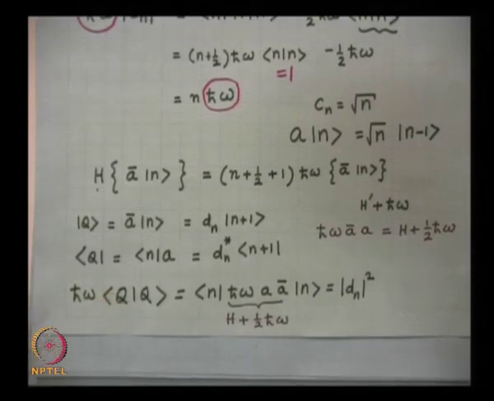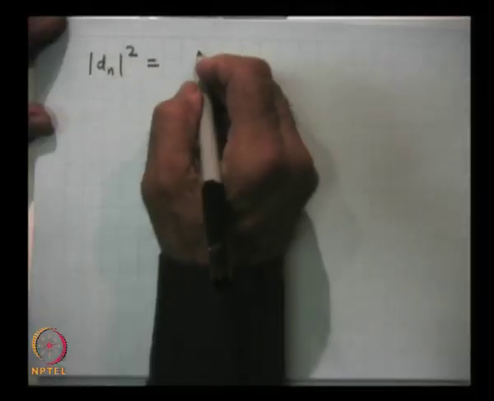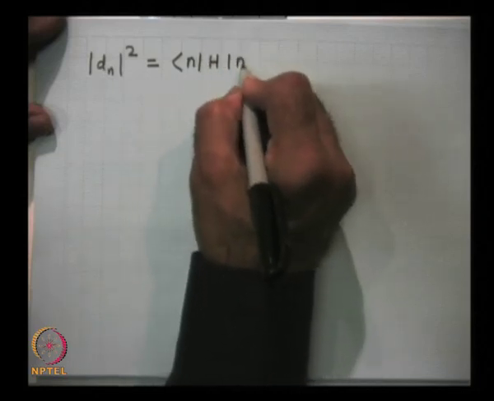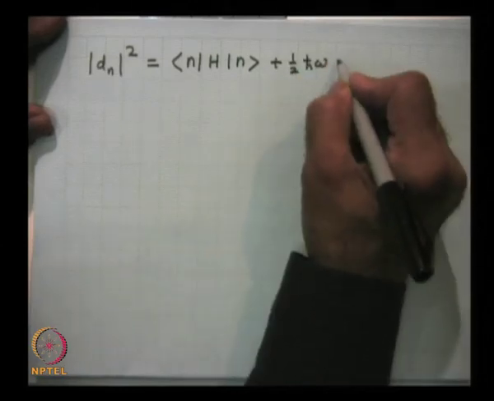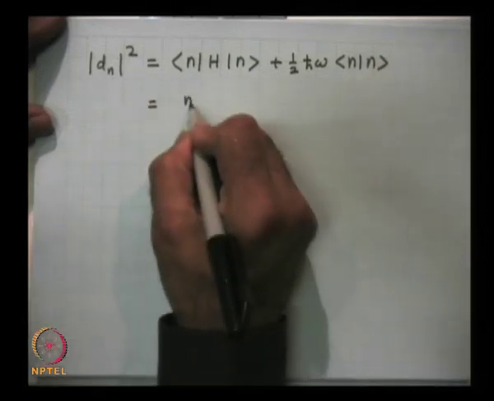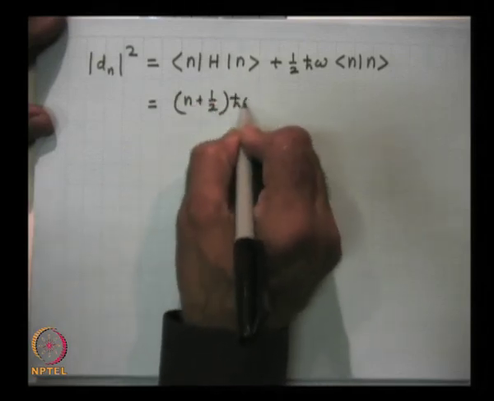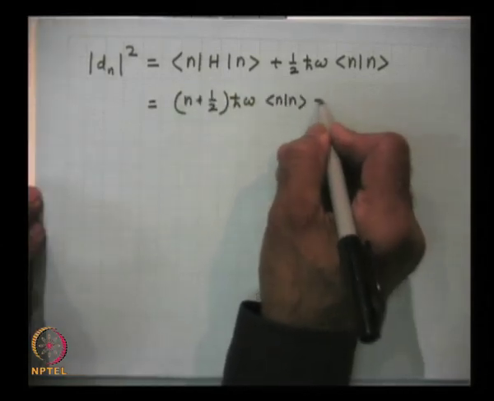So, we rewrite this and we obtain mod d n square is equal to bra n h ket n plus half h cross omega bra n ket n. So, h operating on ket n will be n plus half h cross omega, and then there will be bra n ket n, which is 1, plus half h cross omega.